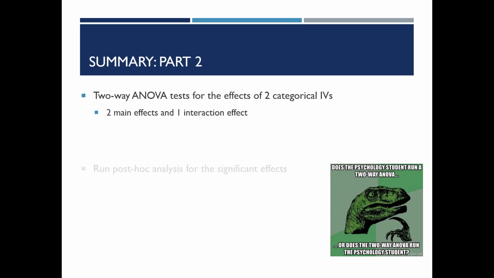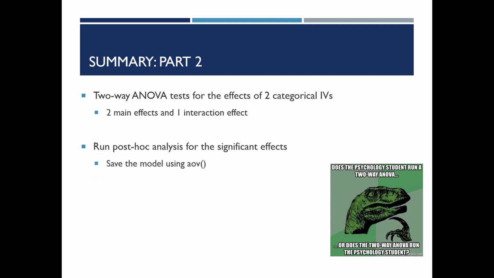And then if you find significant effects, especially for the interaction effect, you would want to run the posthoc analysis. In order to do that, you would save the model using the AOV function, and so save that object, and then run Tukey HSD on it. And as you saw, we can use model.tables function to obtain a list of the means that apply to your 2x2 design. Very convenient.